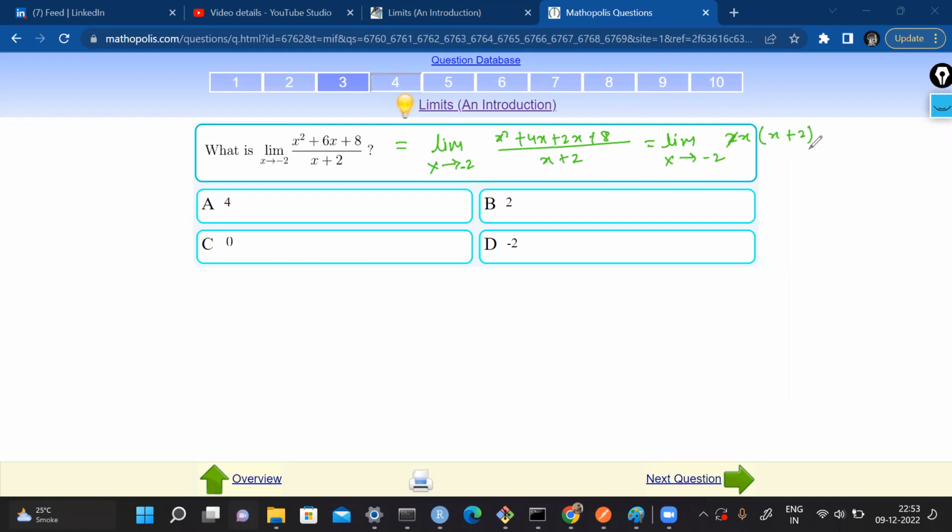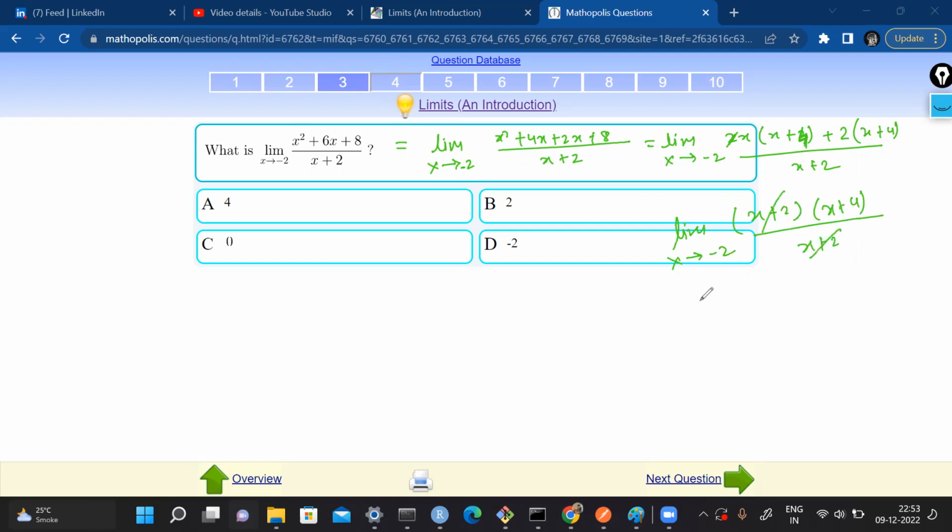And here I will take 2 common, so this will be x plus 4. Divided by x plus 2. So now next step, x approaches -2, this will be x plus 2, and the other will be x plus 4, divided by x plus 2.